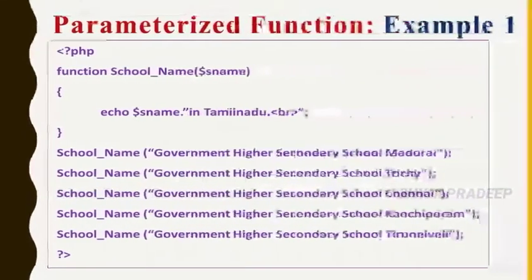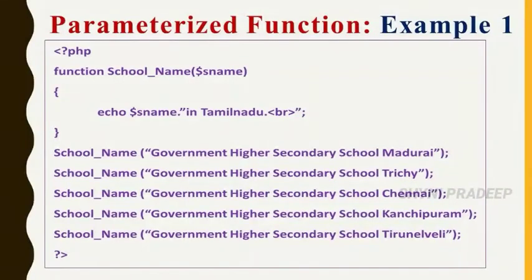Let us see an example of a parameterized function. This is the opening tag, this is the closing tag. First, function is the keyword. Next, school name. School name is the function name, and within the parenthesis one parameter is declared, that is name. A parameter is also called a variable.